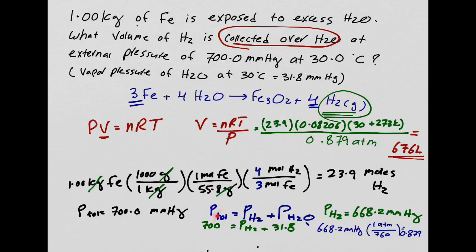So the total pressure is some H2 but also some H2O. We need to subtract the H2O out so we have the pressure of H2, because PVNRT is for the H2 gas that we are doing right now. So we convert everything to the right units, which are moles, liters, ATM, Kelvin, and we just plug it in and we get the final answer. Okay, very, very nice job.